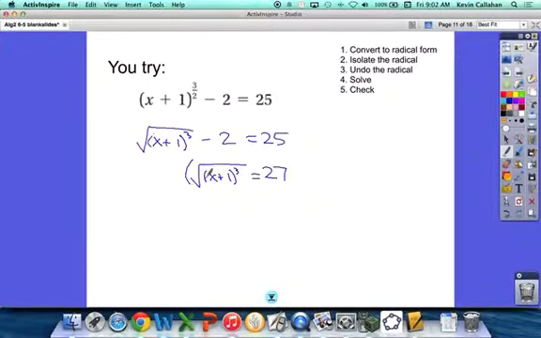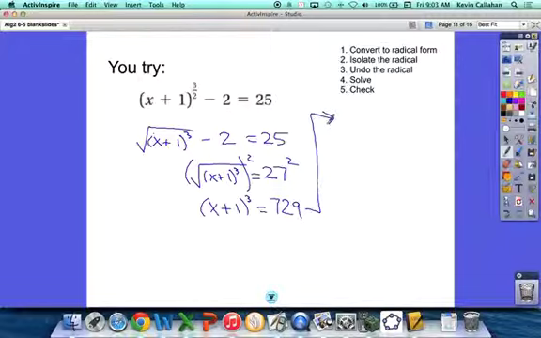So square, square. x plus 1 to the third equals, what's 27 squared? Say again? 729? Oh, that's right. I remember this problem. Okay. And now, how do I solve for x since it's inside x plus 1 cubed?